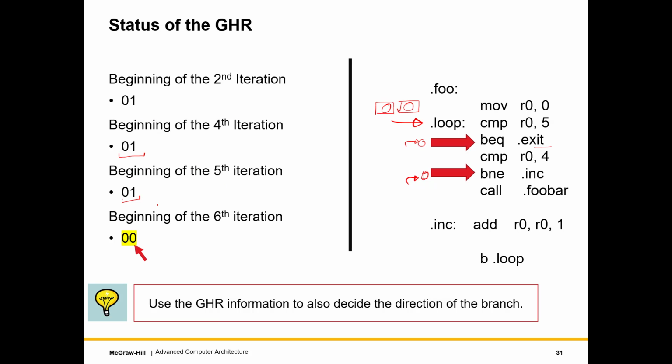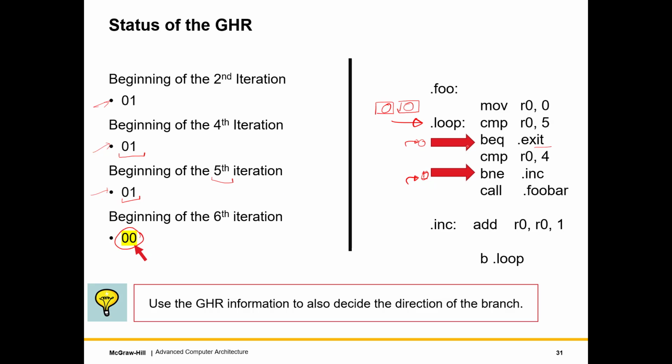But at the beginning of the sixth iteration, the outcomes of the last two branches, which are the branches in the fifth iteration, are 0 and 0. So the GHR would contain 0, 0. Recall that the GHR values at other points were different, it was 0, 1. In this case, it is 0, 0.